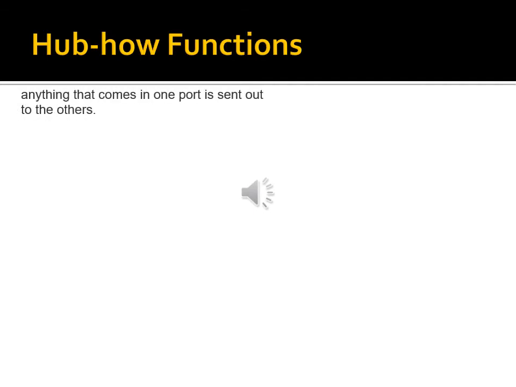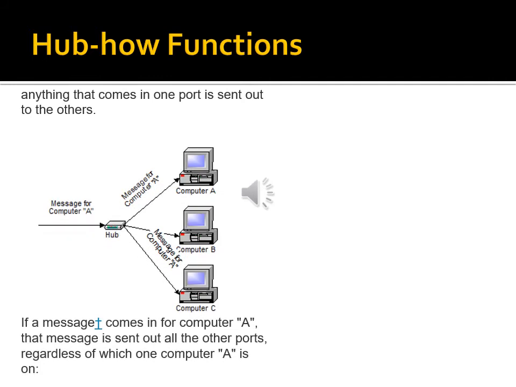How does a hub work? Whatever comes into the hub, it will pass to all the computers. See the example in the picture. A message comes for computer A. There are a few computers connected, but the hub will send the message to all the devices, A, B, C. All of them receive what comes in.